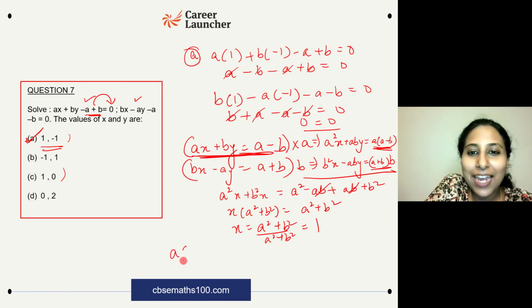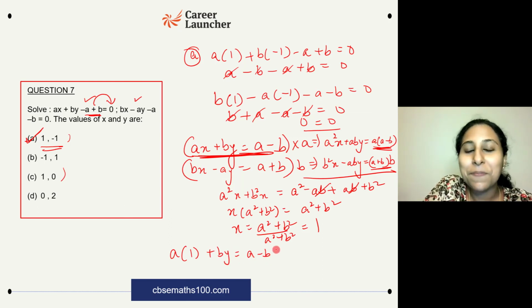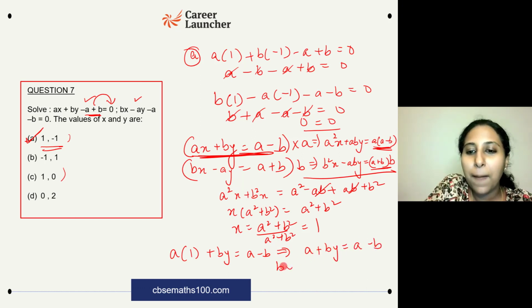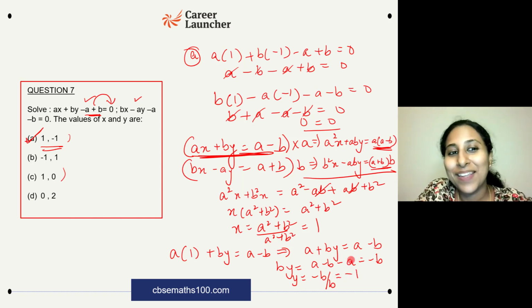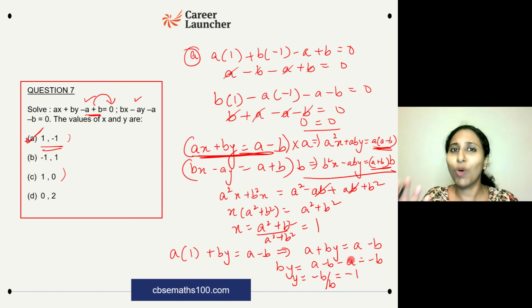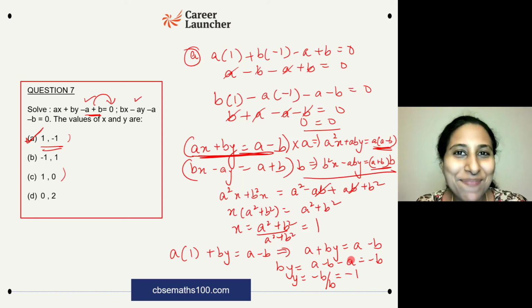I will get a into 1 plus by is equal to a minus b. This means that a plus by is equal to a minus b. By is equal to a minus b minus a, which is minus b. Y is equal to minus b divided by b, which is minus 1. So the answer is A, what we got earlier, 1 and minus 1.